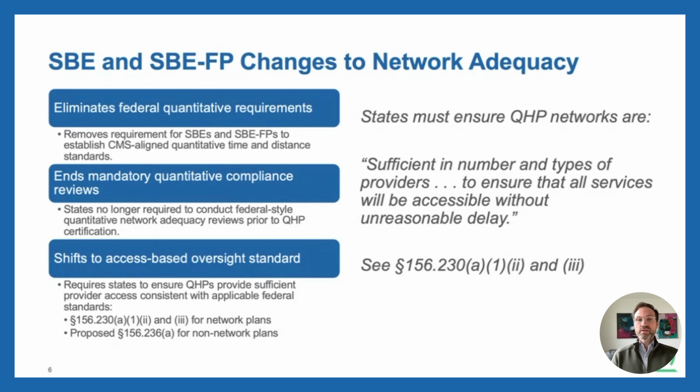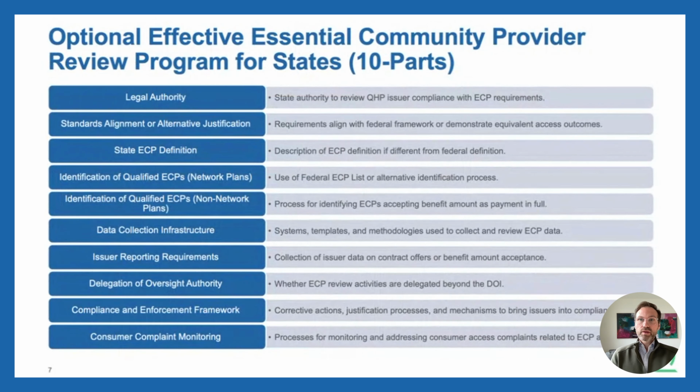I will also note that in the requirements, SBE states must have a program in place to accept that information from the non-network plans and evaluate compliance with those non-network plan requirements that we just discussed. In addition, states will also have the option to opt into an essential community provider review program, so take over ECP review from CCIIO, similar to what we just discussed in the network adequacy overview program.